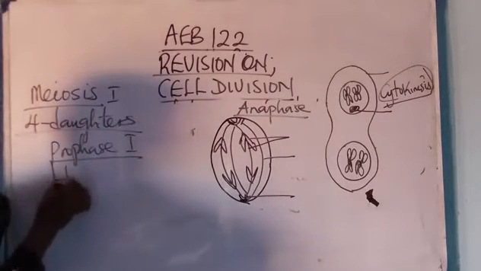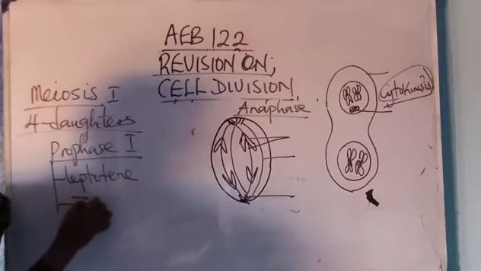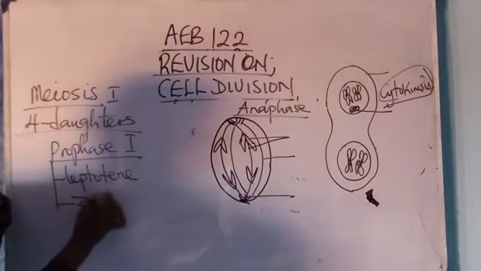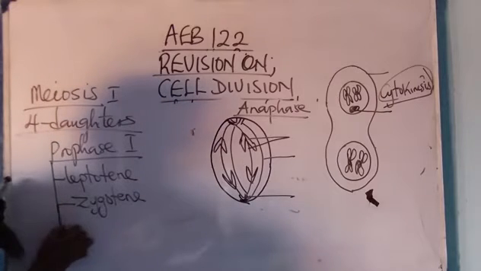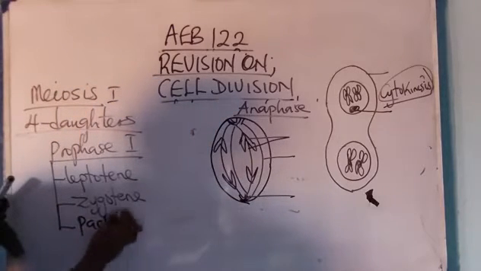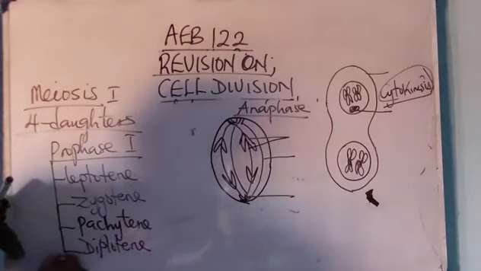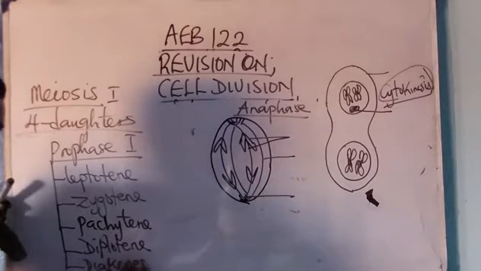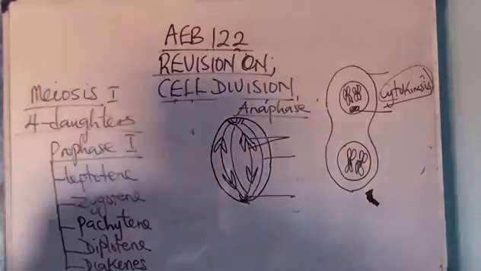We have the leptotene, the zygotene, the pachytene, diplotene, and diakinesis. Okay, so which of these is not a stage under prophase 1?